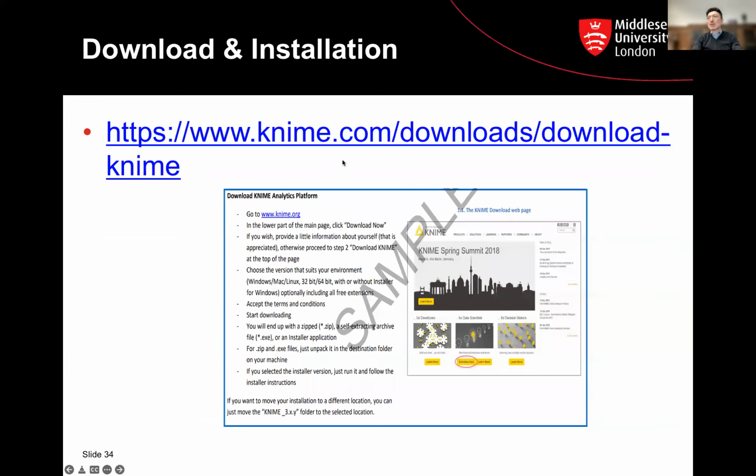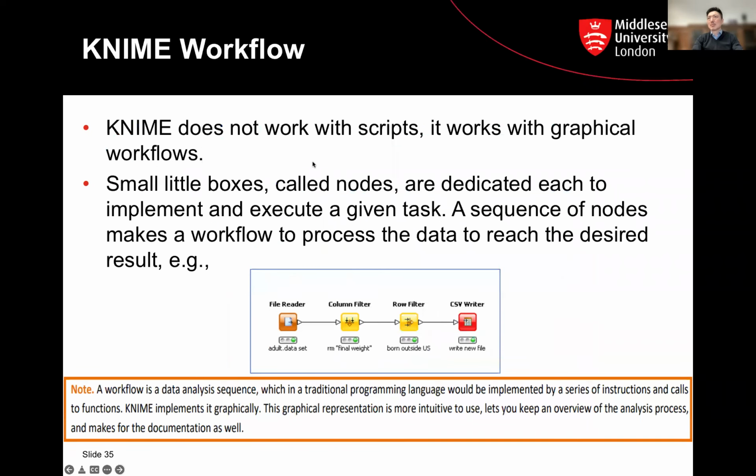Okay, and so that's the link to download KNIME, and you can also just Google KNIME and you will find it. We'll talk more about this, but these are the preview blocks in KNIME, and you need to add them to your workspace and add the connections.